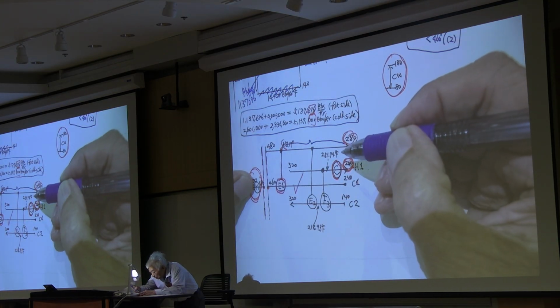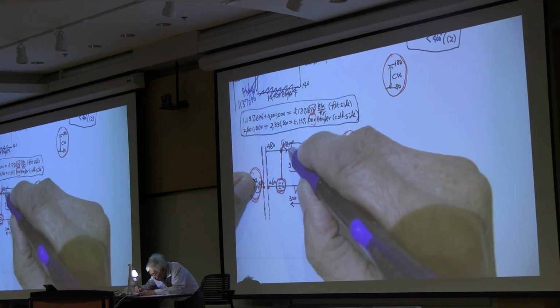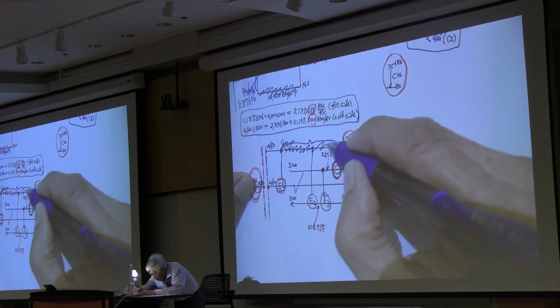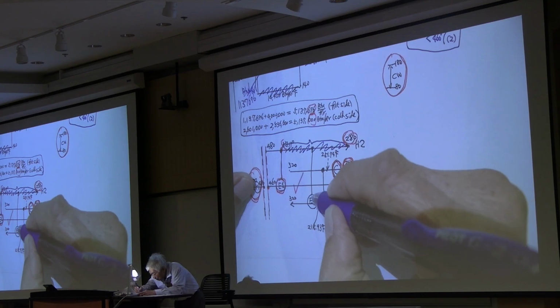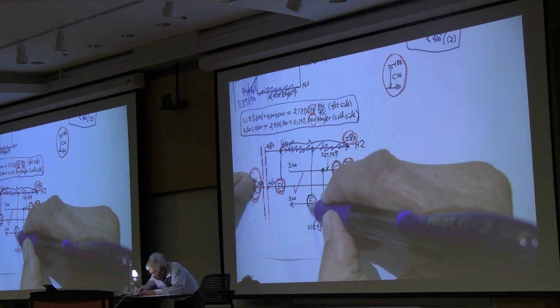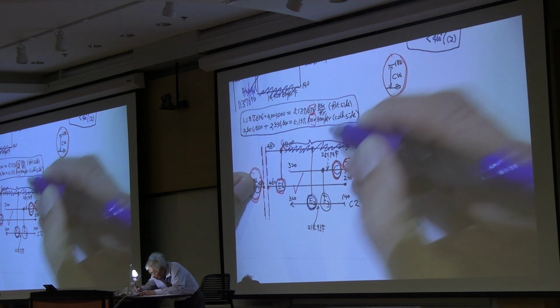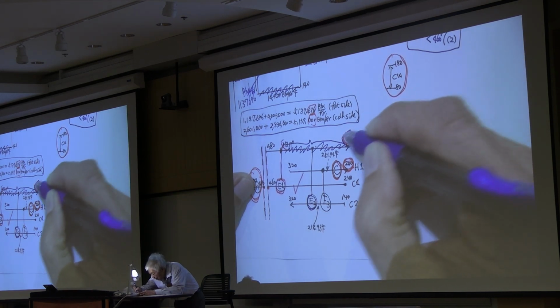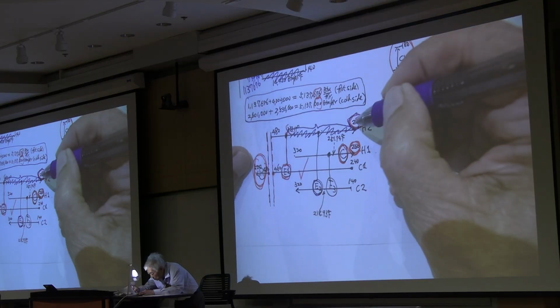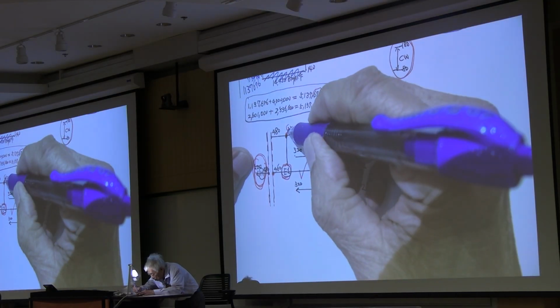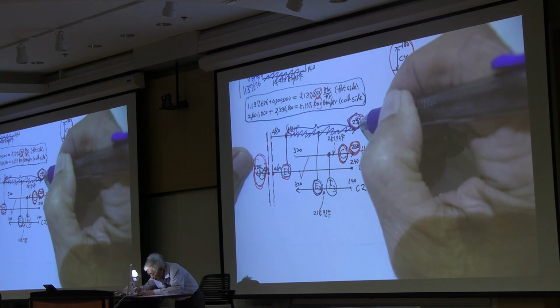So we can fully cool down this hot stream, E2. 351.17 to 280.